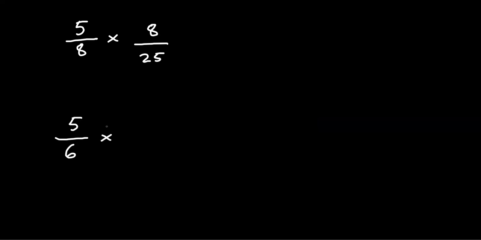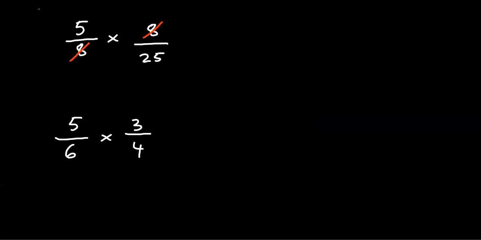Okay, let's try simplifying these fractions. 5 over 8 times 8 over 25, and 5 over 6 times 3 over 4. So we can see that there's an 8 in the numerator and the denominator, so we can simply cancel out the 8s.